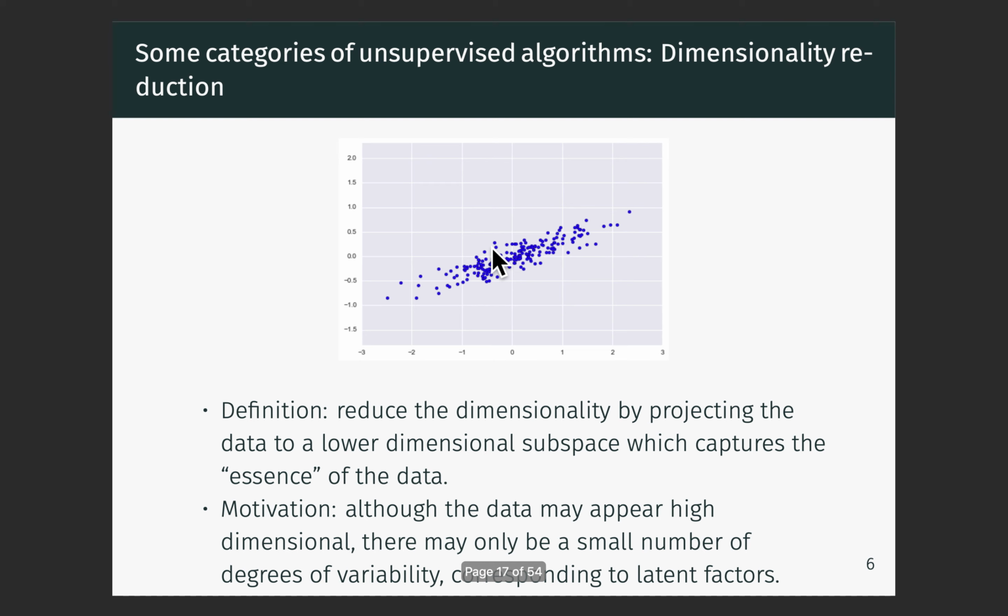And the motivation behind projecting to a low dimensional space is that while the data could be high dimensional, there are only a small number of factors which are really important. So think of it as you're building a model to predict, let's say, the weather in your city for tomorrow. Now you could throw in a gazillion parameters and predict using some complicated model.